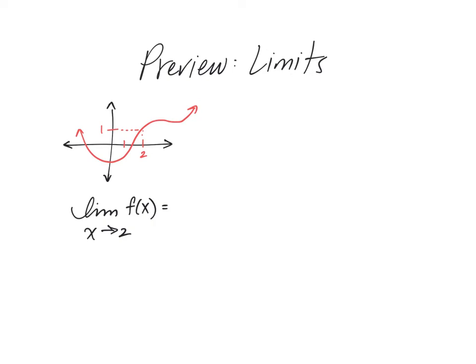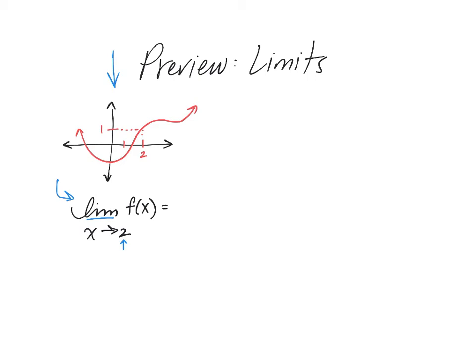So let's start by looking at this example right here. Okay, I have this graph. It's a nice smooth curve. I don't know what it is, but that doesn't really matter. Down below, this is the new notation that you're going to see. This LIM stands for limit, and it's asking me to find the limit as x approaches 2.